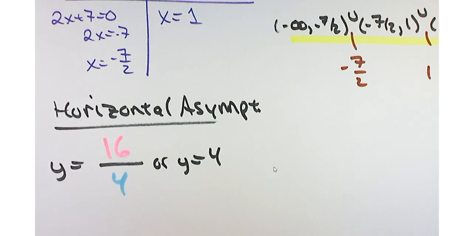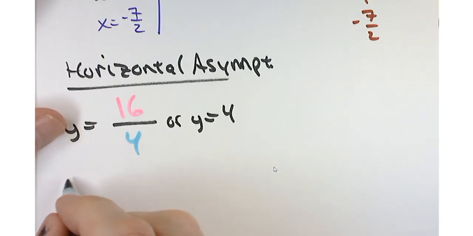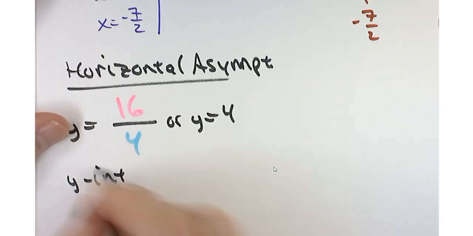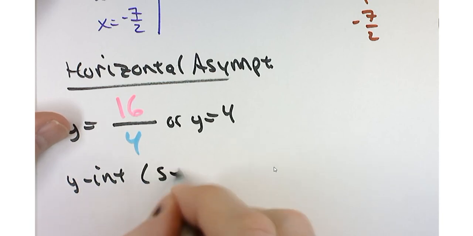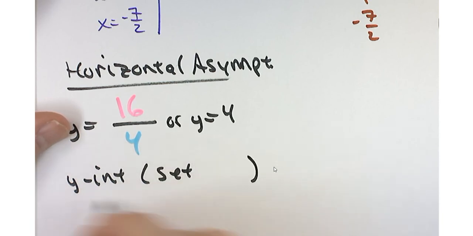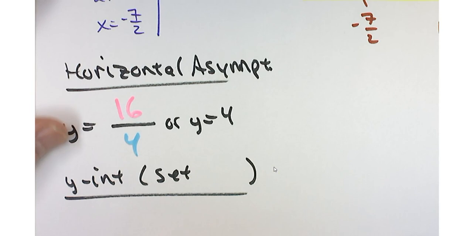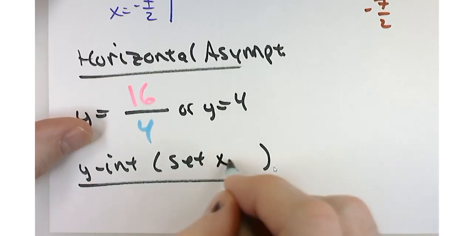Let's find a couple more things while we're here, or at least look for a couple more things. I think we're only going to find one of them. How about the y-intercept? How do you find the y-intercept of a graph? Yeah, set x equal to 0.